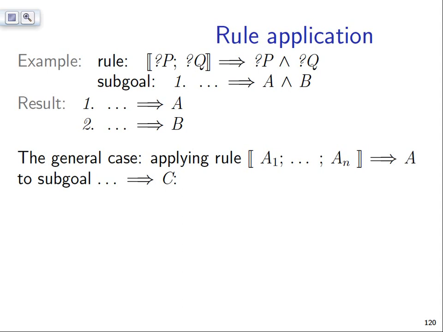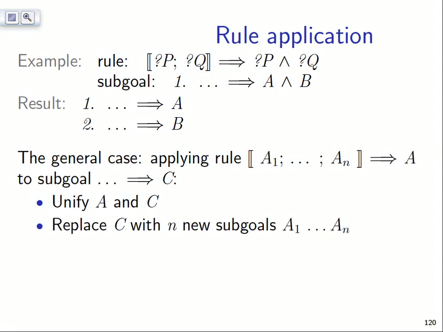And how does that work in detail? In general, if you are trying to apply a rule with assumptions A1 to AN and the conclusion A to a sub-goal where you're trying to prove some C under some assumptions, you first have to unify the conclusion of this rule with what you're trying to prove, the sub-goal, but not with the assumptions, just with the conclusion of the sub-goal.